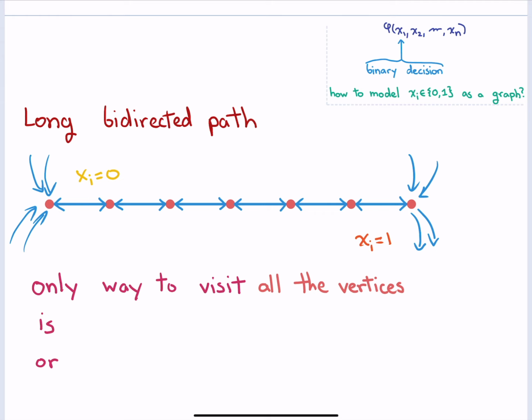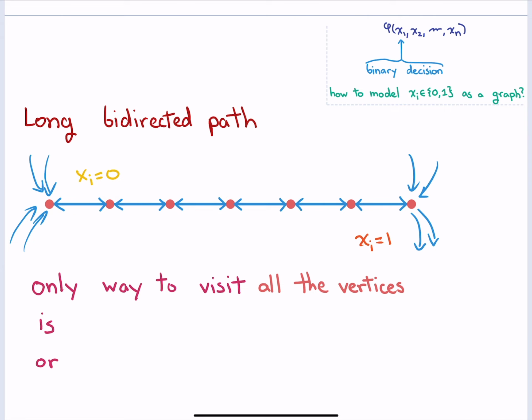Now, if I want to visit all the vertices in the middle in a Hamiltonian path, there's only two ways to go about it, because I can't go there and back, since then I'll be revisiting the same vertex.